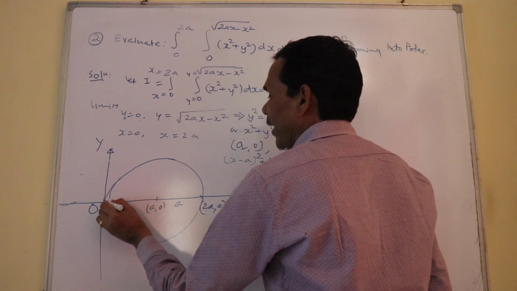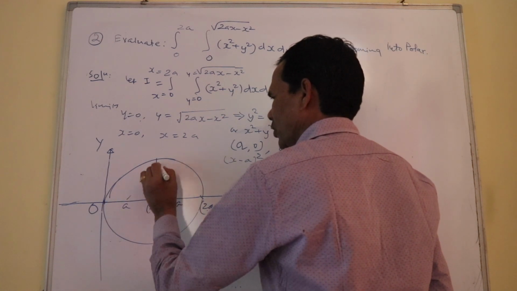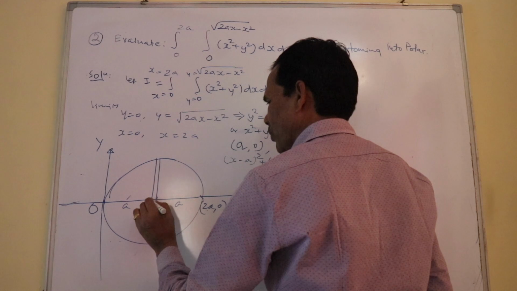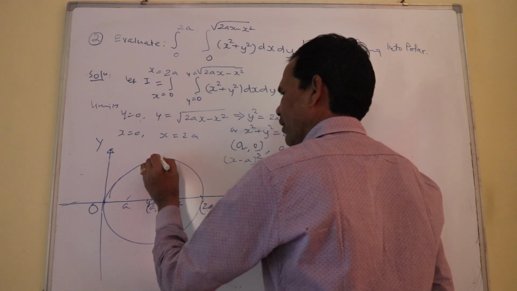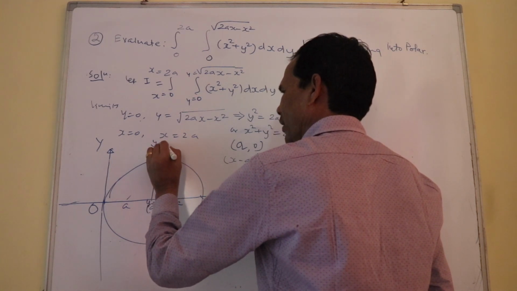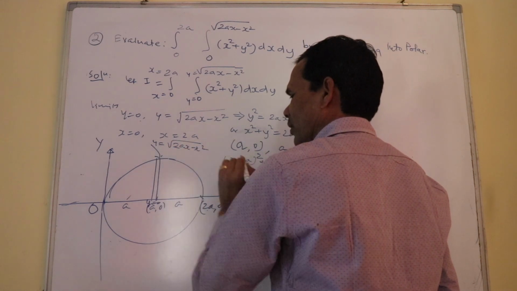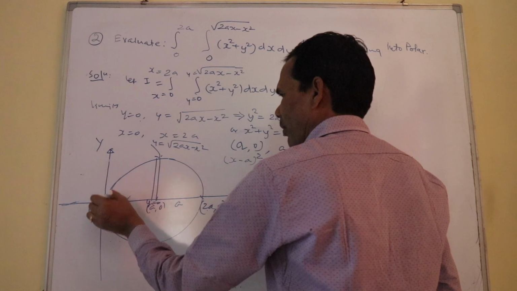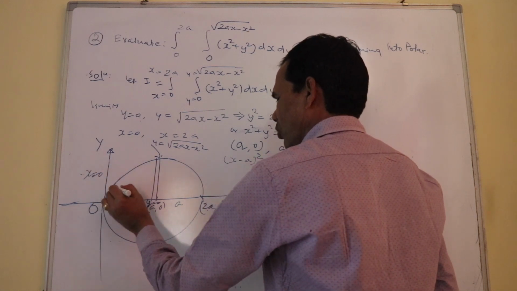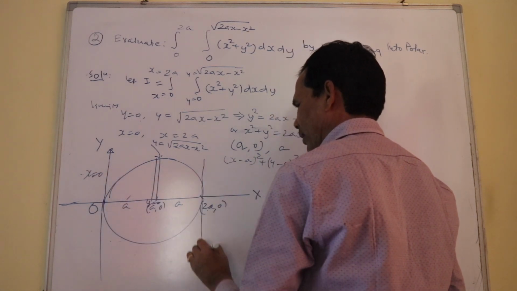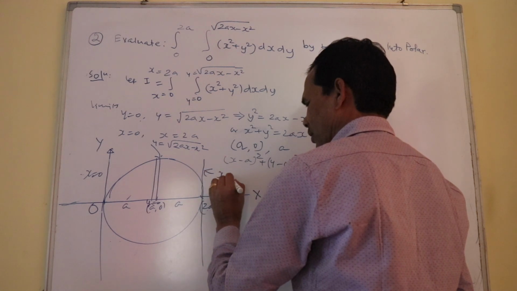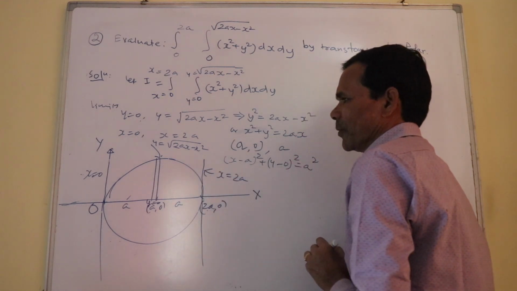And if you observe, y is equal to 0, this is the strip actually, the straight line. So at this particular point, y is equal to root of 2ax minus x square, and it moves from x is equal to 0 to x is equal to 2a. That is what this line shows, the limits for x.